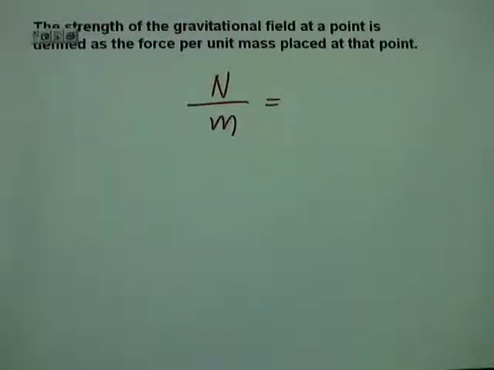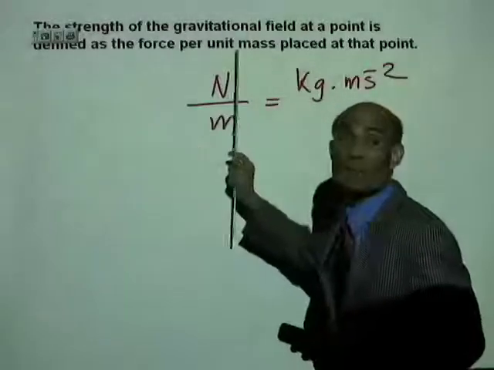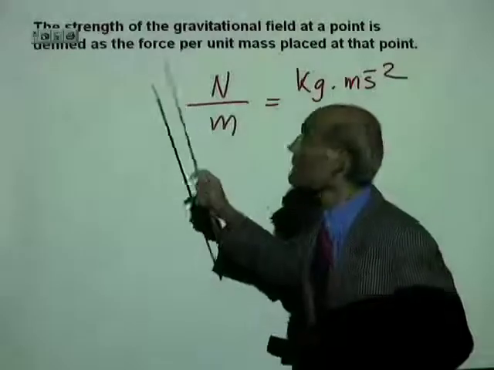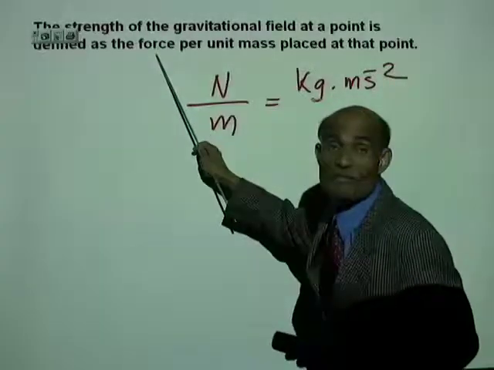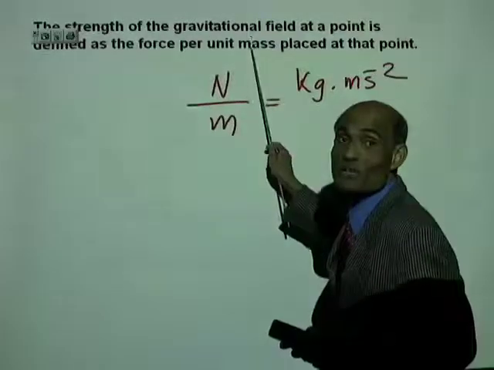Now, do you know what a Newton is? A Newton is a kilogram meter per second squared. Is that right? Alright, now let me make one correction to what I have been saying, which is that the strength of the gravitational field is the force per unit mass.